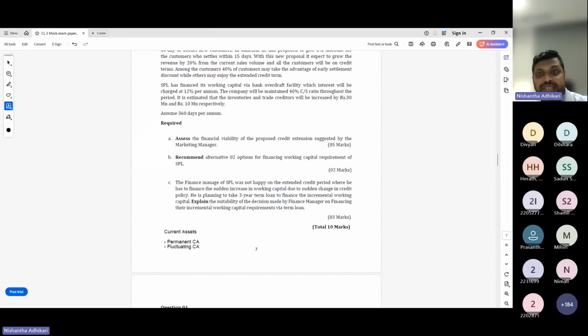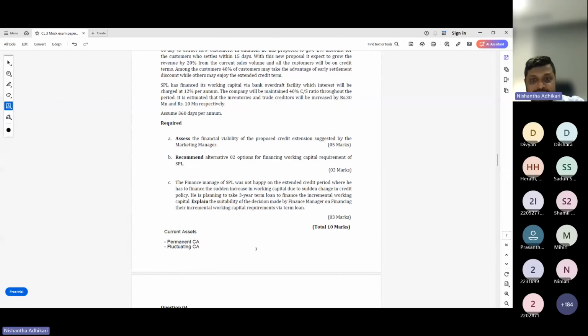Now, if this is a sudden change, if this is a temporary one, you should not take a term loan. The best way is to finance it through a short-term financing arrangement. But if this sudden increase will continue and it will be a permanent arrangement, then you can look at a term loan like this. Therefore, it depends on whether it is a fluctuating or a permanent current asset.